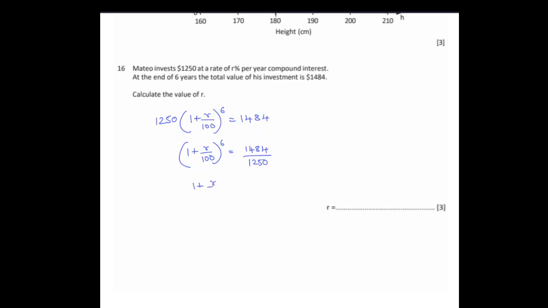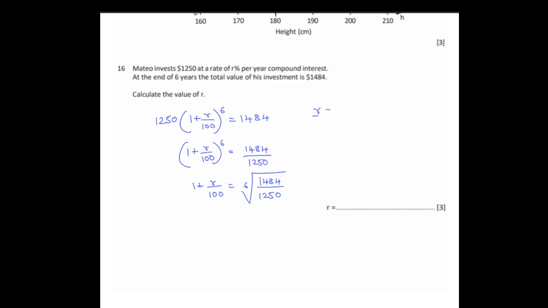To remove the power, we put the root on the right hand side. 6th root of 1484 by 1250. In this kind of question, always write the equation completely till the end. Don't find the value now itself, because you may get decimal points and at the end you will have a lot of difference with the final answer. So first go up to R is how much.